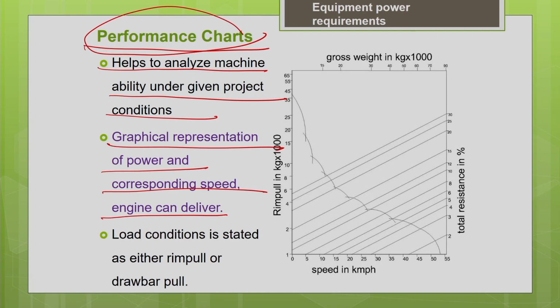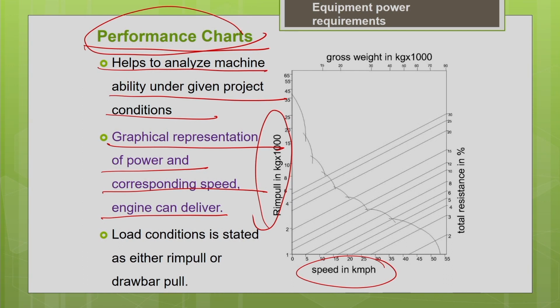This is a sample of your performance chart. You can see that you have speed on the x-axis and rim pull on the y-axis. Using this performance chart, you can find the actual performance of the machine in terms of speed for the given project condition. Say for your project site, you know your rolling resistance and penetration resistance.